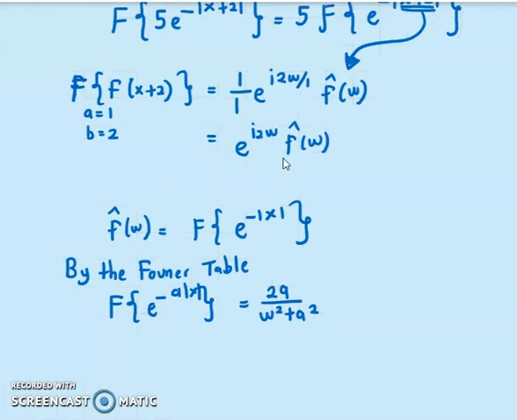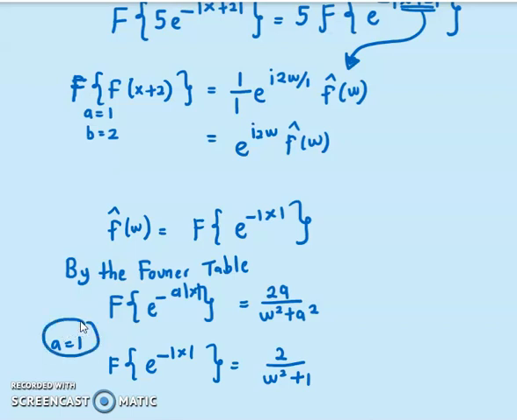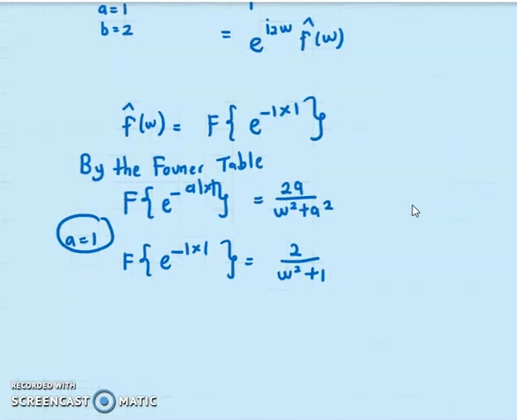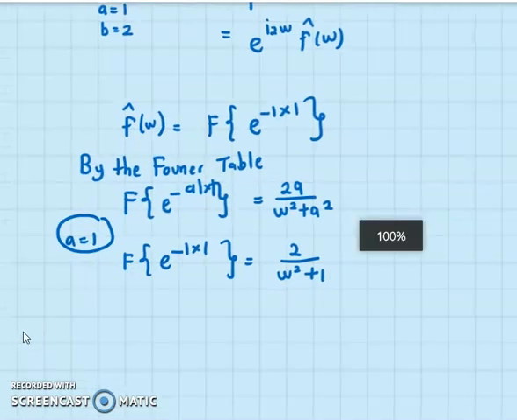So in my case, my a is 1. So the Fourier transform of e^(-|x|) is given by 2 over omega squared plus 1, because a equals 1.